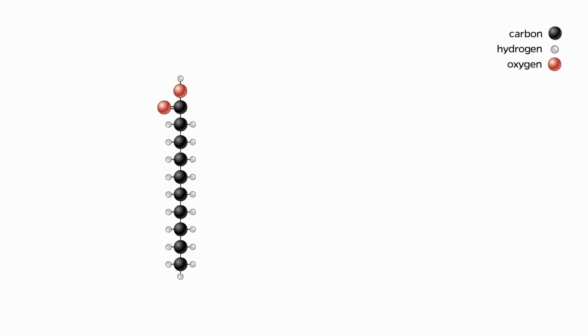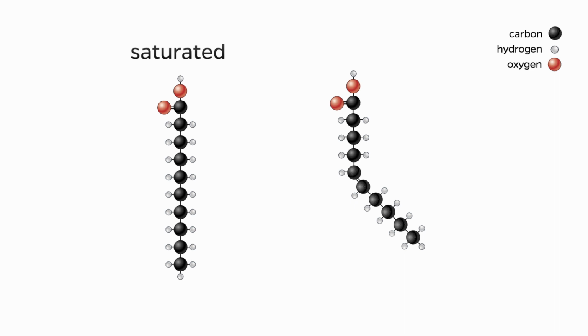Fatty acids can also differ in how the carbon atoms within them are connected. You see, carbon atoms can be connected to each other by single bonds or by double bonds. In some fatty acid molecules, every single carbon atom is connected to its neighbors by single bonds, and these are called saturated fatty acids. Other fatty acids contain a mixture of single and double bonds between their carbon atoms, and these are called unsaturated fatty acids.